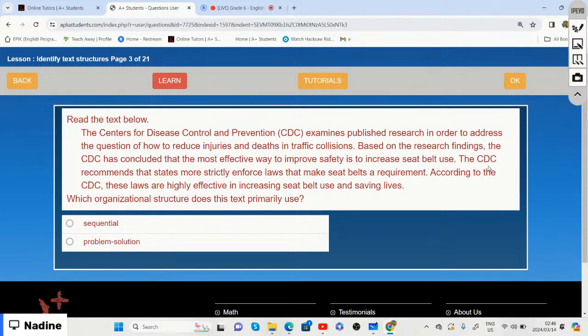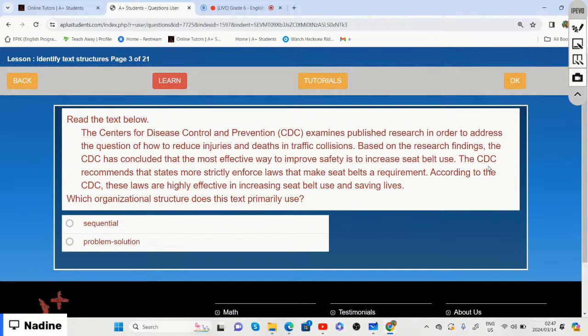Based on the research findings, the CDC has concluded that the most effective way to improve safety is to increase seatbelt use. The CDC recommends that states more strictly enforce laws that make seatbelts a requirement. According to the CDC, these laws are highly effective in increasing seatbelt use and saving lives.